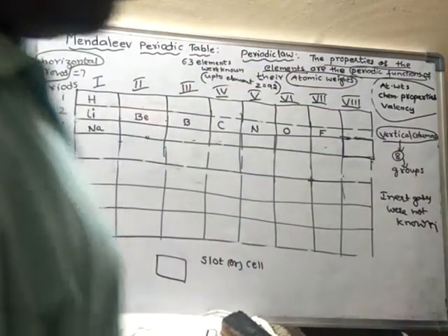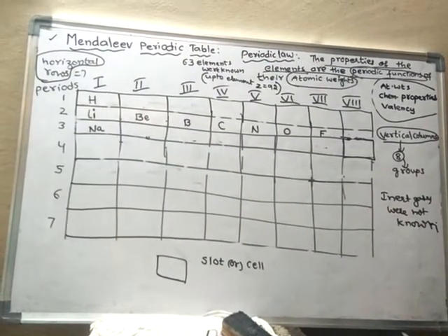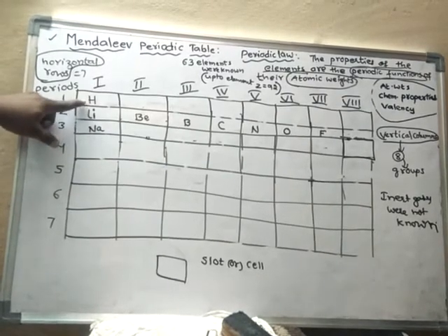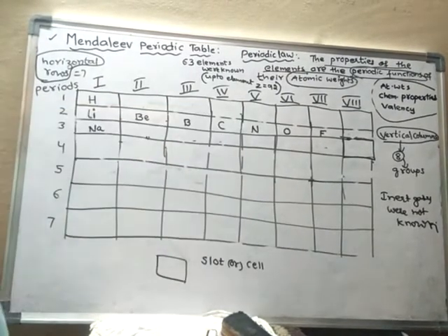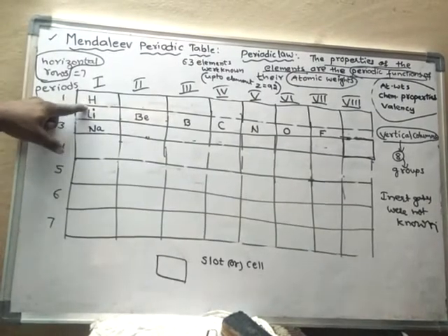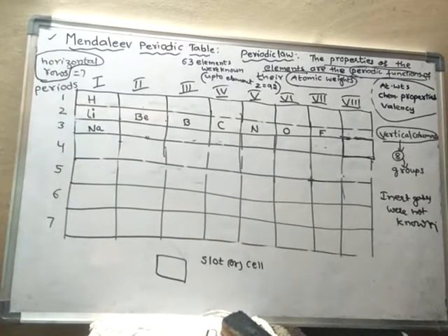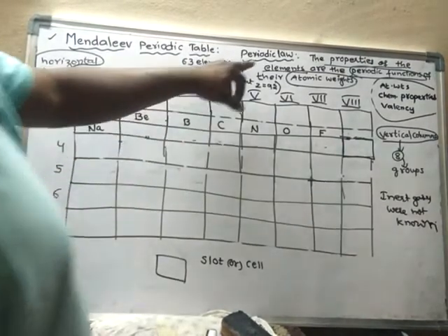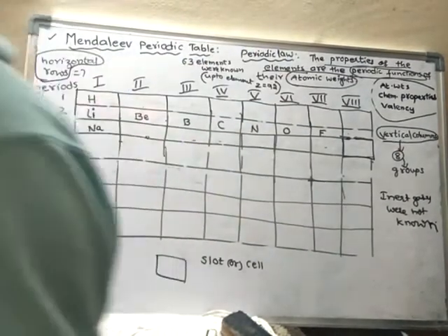At the same time, he considered the chemical properties also. So when elements are arranged according to increasing order of atomic masses, the properties are repeated. So the properties will repeat. That is the meaning of this periodic law.